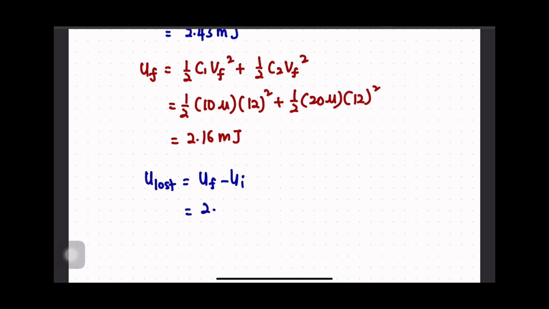So 2.16 millijoule minus 2.43 millijoule. Sekarang tak kisah pun final minus initial. Okay, so negative 0.27 millijoule.